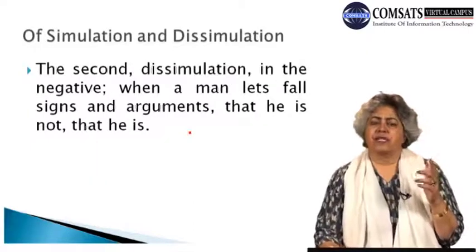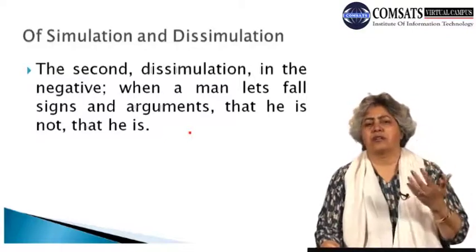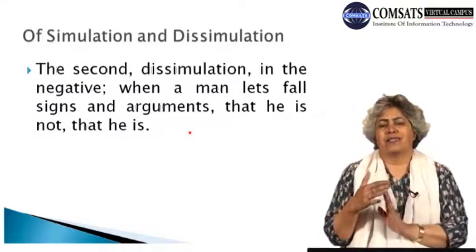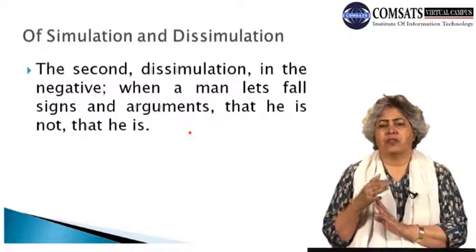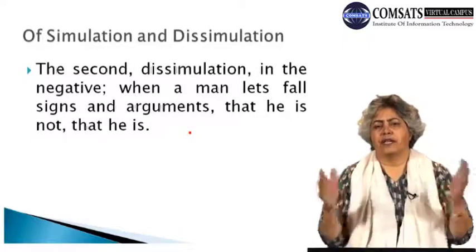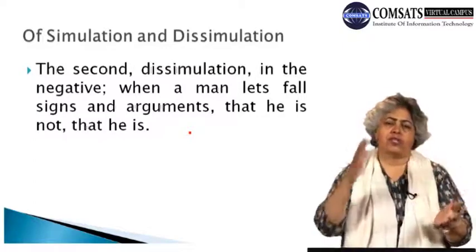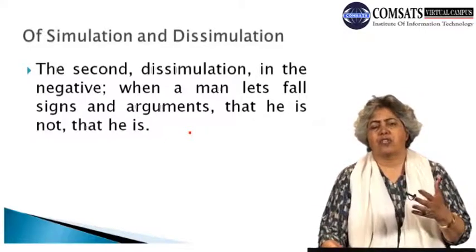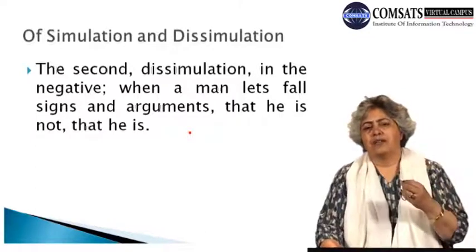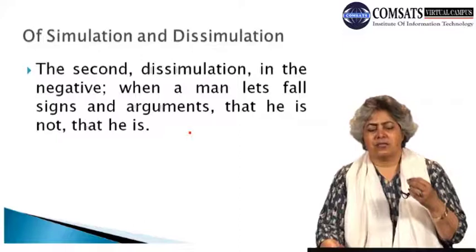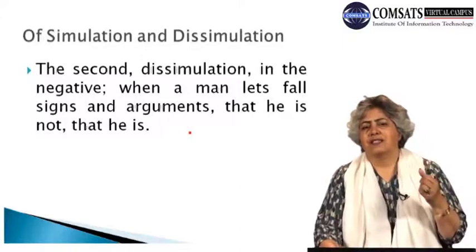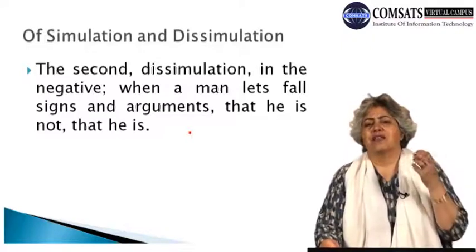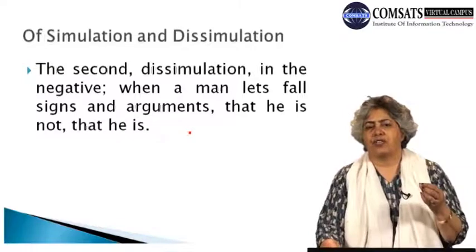The second, Bacon says, is dissimulation, and the reason why I'm going over this again is so that when in the next lecture we go on to a further exposition of simulation and dissimulation, the pros and cons of simulation and dissimulation, you are familiar with what exactly these terms stand for. So the second degree, he says, is dissimulation, and this is a definitely negative feature in your personality.